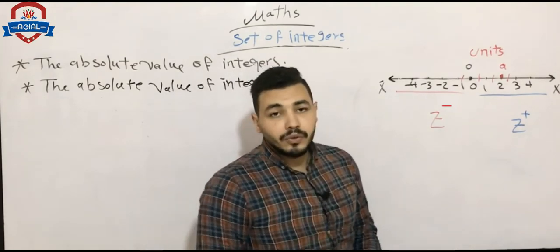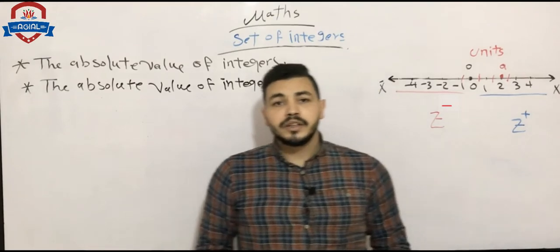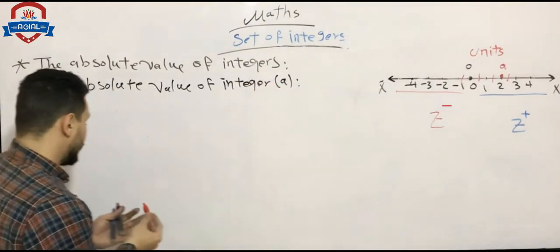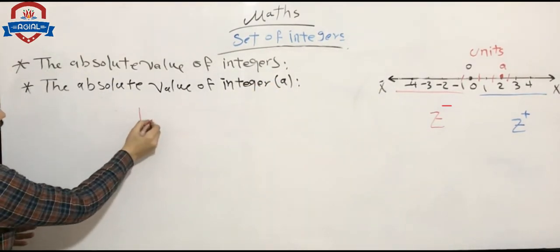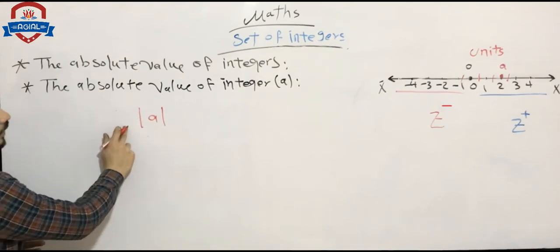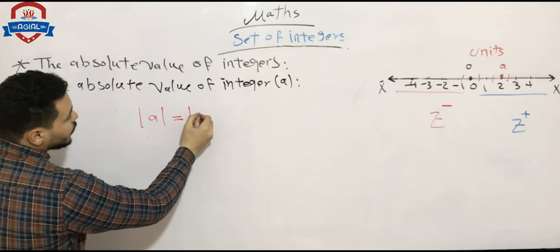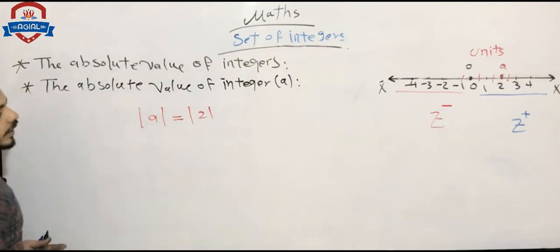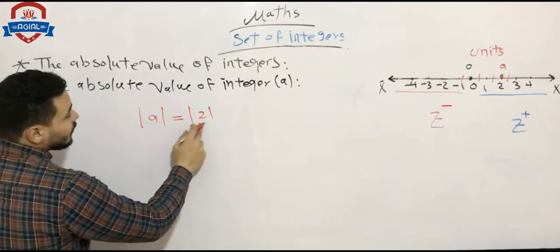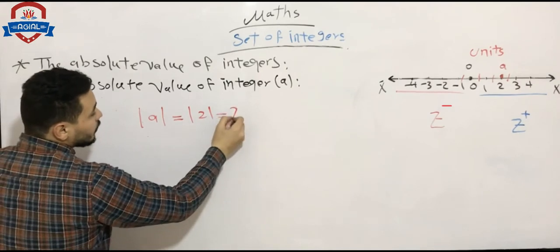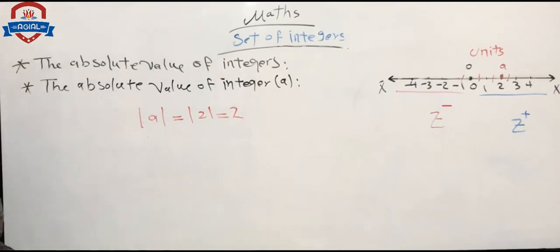The absolute value of integer A is denoted by the symbol absolute value of A. The absolute value of A equals the absolute value of 2, because the point A equals 2. The absolute value of 2 equals 2, because the distance between the location of A and the location of 0 equals 2 units.